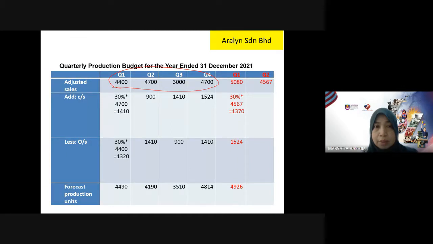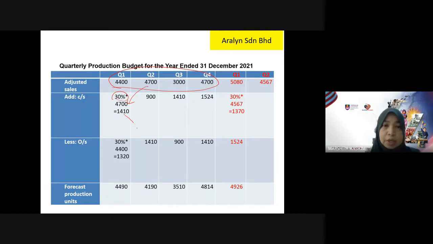Then we make adjustments with opening and closing inventories. Then we calculate forecast production in units. Any problem with this part? The question gives 30% based on next quarter's sales.